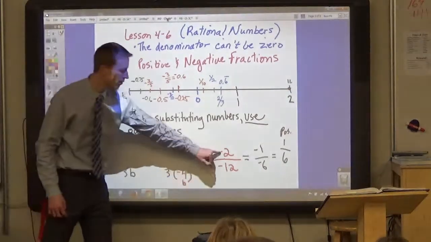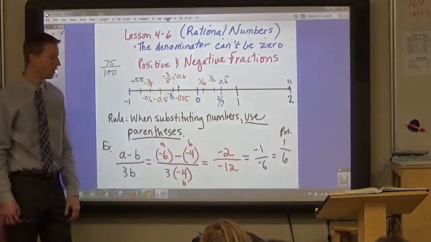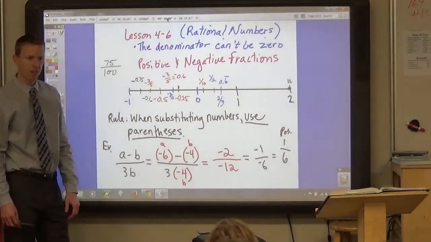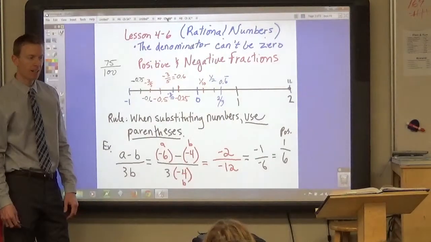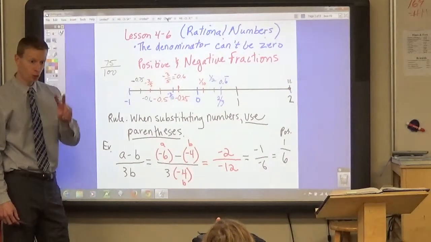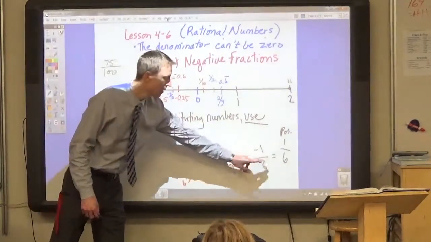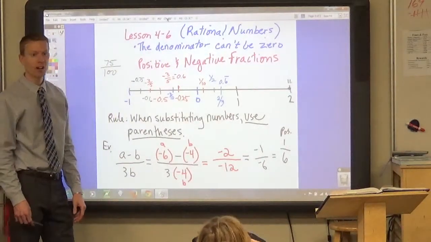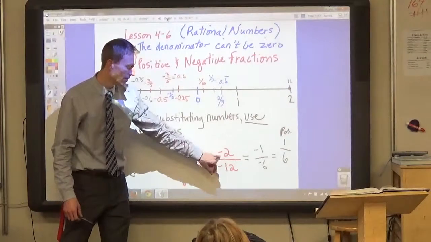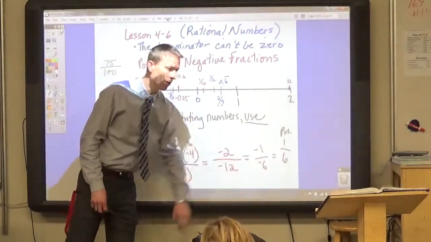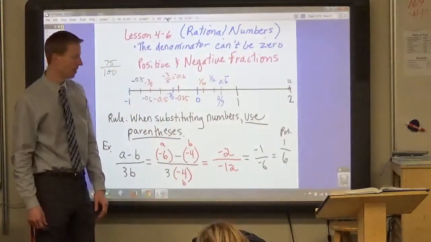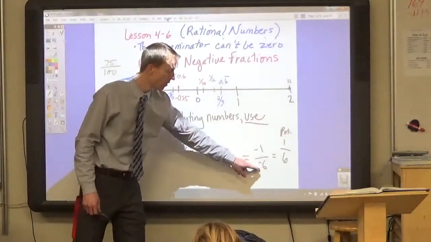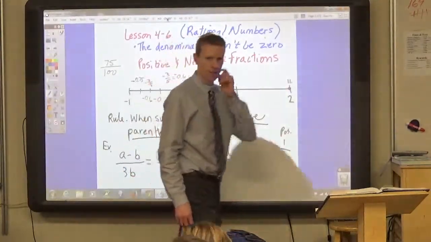Now if you have -2 over -12, you can divide both by 2, which would give you -1 over -6. Or you can divide both by -2, which gives you +1 over 6. Or if you see negative over negative is positive.